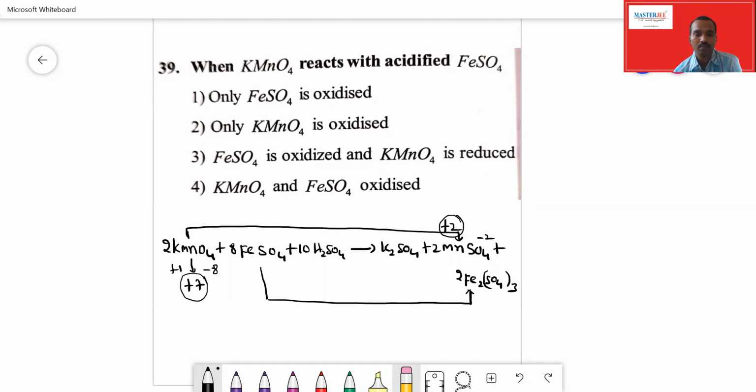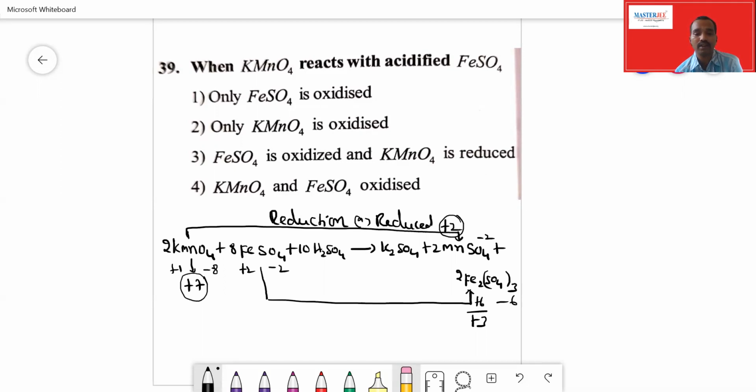That means by gaining electrons the +2 state is reached, and gain of electrons is nothing but reduction. This is reduction. Otherwise, we can say potassium permanganate gets reduced. Here see FeSO4, -2, this is +2, whereas Fe is in the +2 state, and from that state it went to Fe2(SO4)3, -6, +6, that means +3. +2 to +3, an increase in the oxidation number.